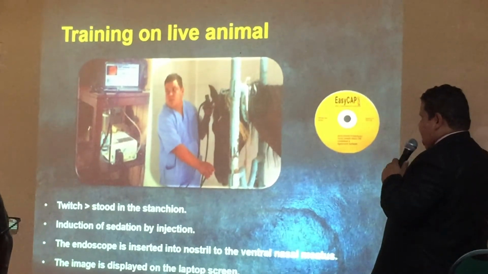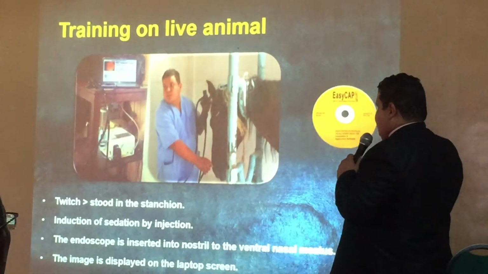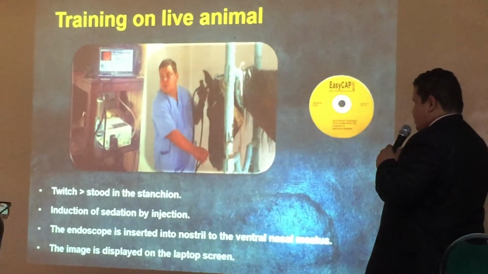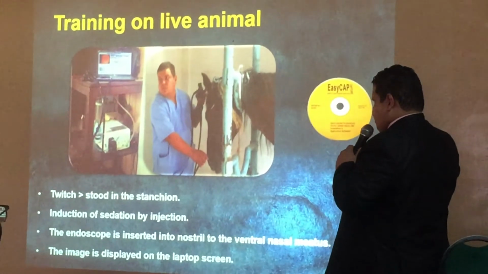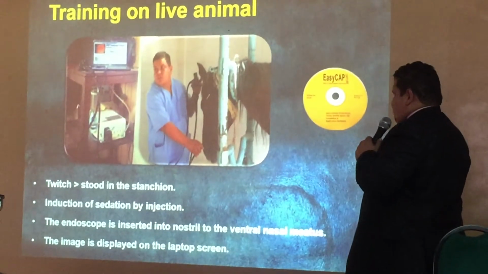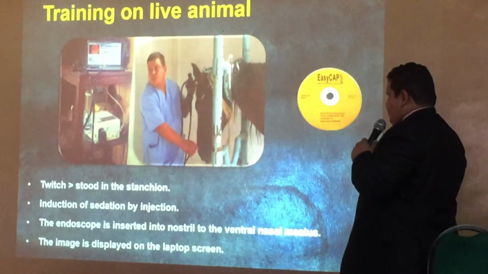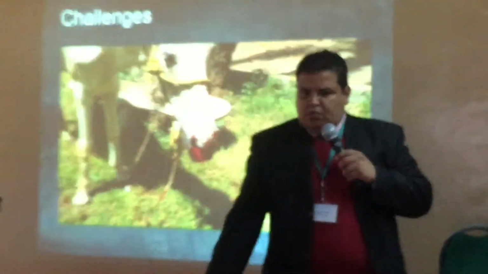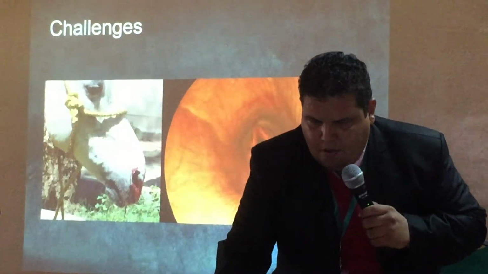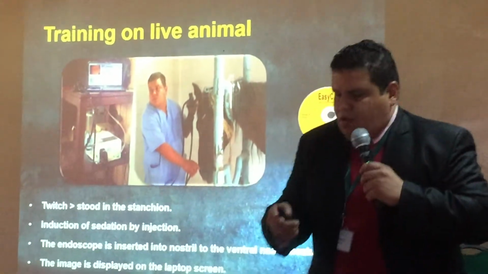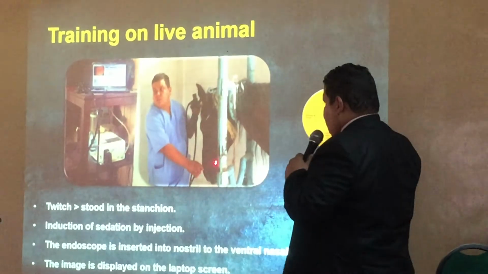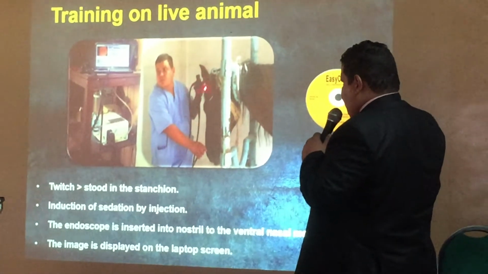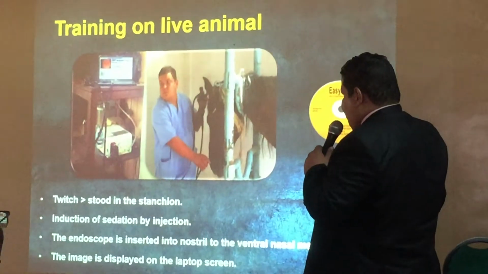Training on a living animal. This picture is for twisted intestines, and the animal is sedated. Insertion of the endoscope, with the left hand controlling the control hand, then the universal cord connected with the light source.